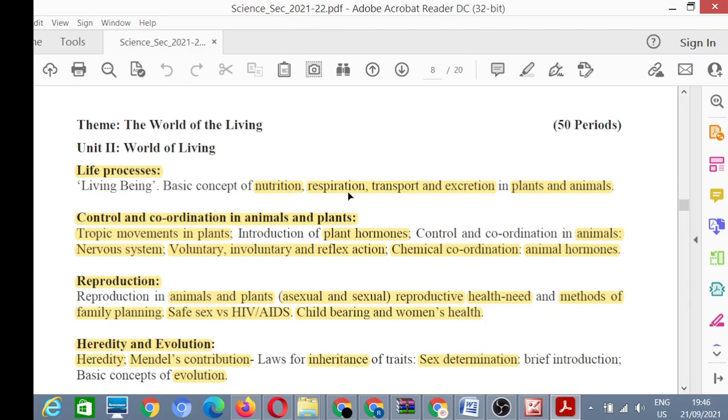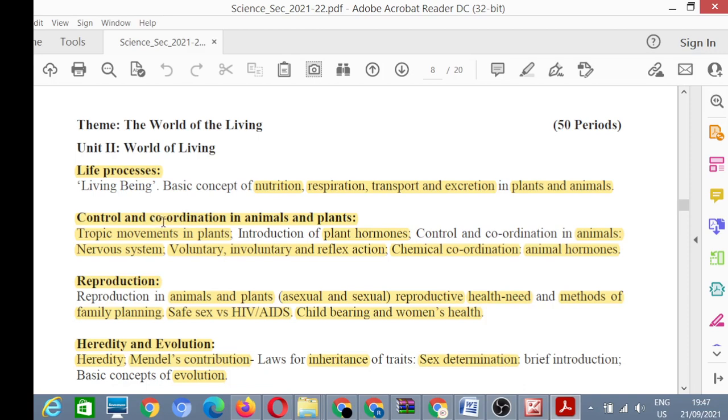These are processes of living beings: nutrition, respiration, transport, and excretion, in plants and animals. Both plants and animals are living beings. These are the different life processes of plants and animals.